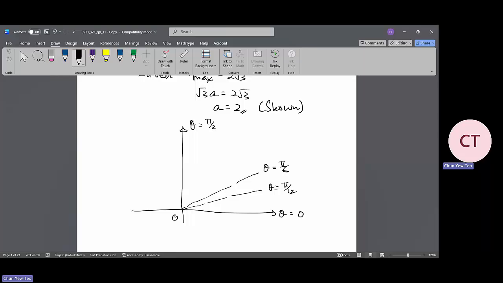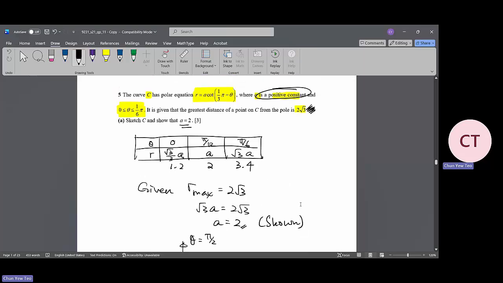So just plot the points. a is 2, then this one is 1.2, then 2, then 3.4. So your graph will be like this. Okay, so this will be the answer for question number 5A.